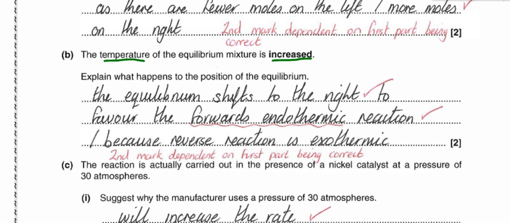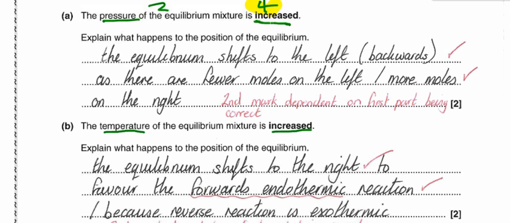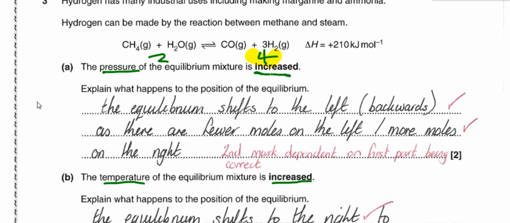So it's going to ask you then, suggest why the manufacturer uses 30 atmospheres. If you think about it, we've said that an increased pressure will shift the equilibrium to the left, which is where we don't really want it to be because we're trying to produce hydrogen. So there must be another reason that they're using this high pressure.